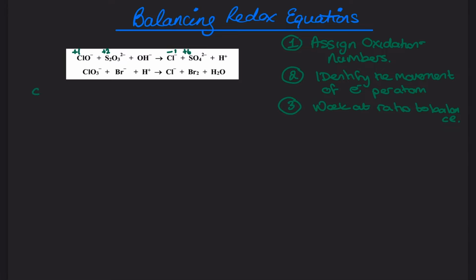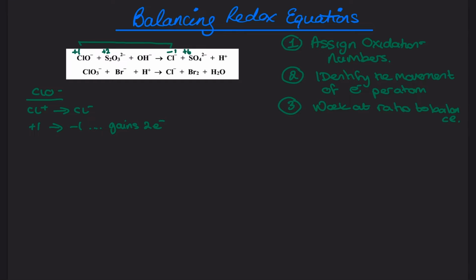So let's talk about the ClO-. If I break that up, it just takes the oxidation number, so that's going to be a Cl+. So from here to here, it goes from a Cl+ to a Cl-. That's going from a +1 oxidation number to a -1 oxidation number. So what's happening there? It's becoming more negative, so it gains 2 electrons.